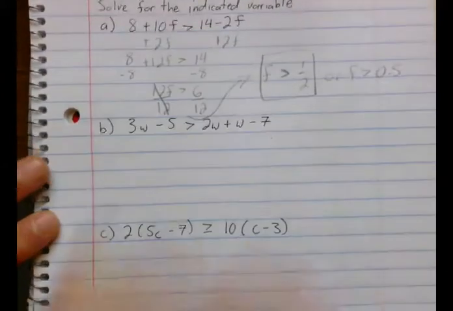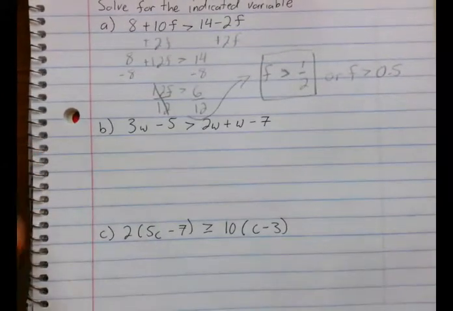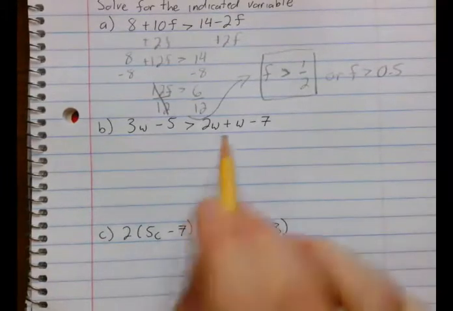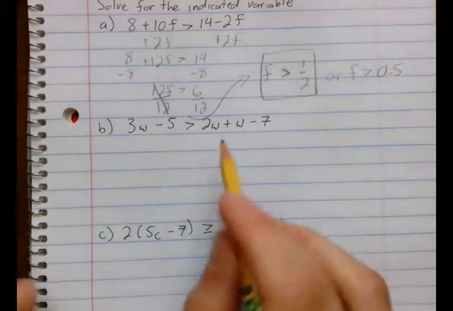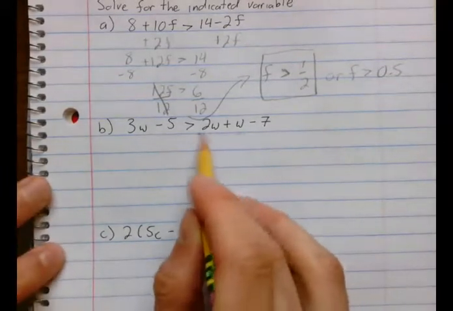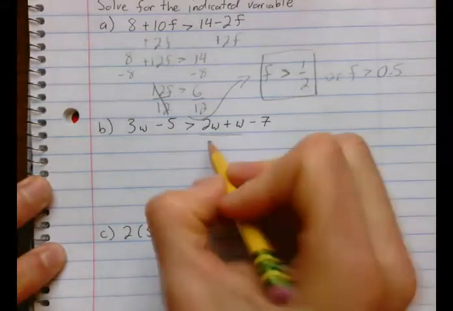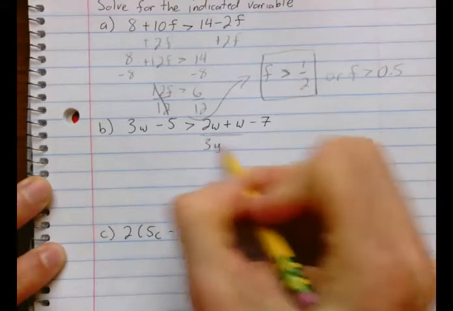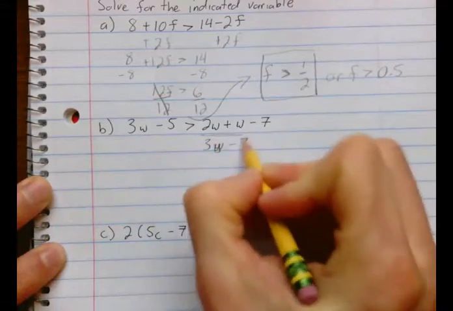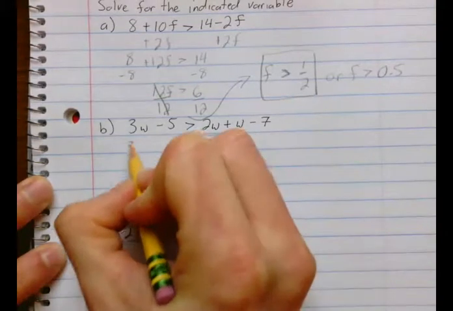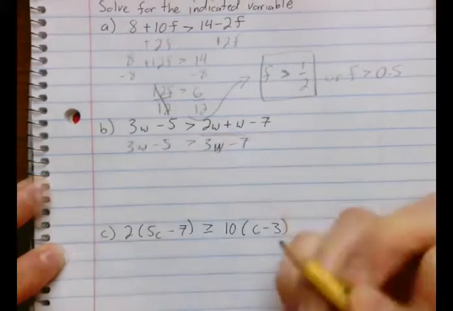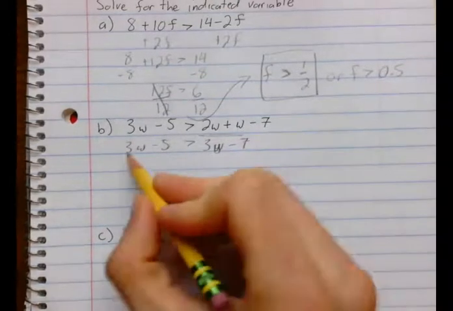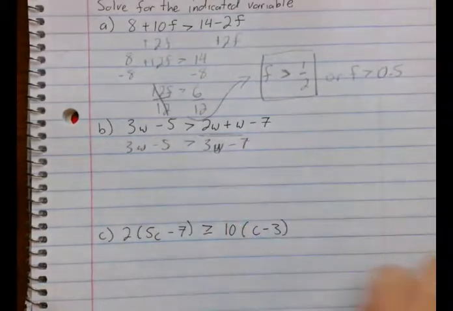For part B, we're working with w's. We have w's in multiple locations, so the first thing I'm going to do is combine them together on this side. We're going to put 2w plus 1w, and that's going to be 3w. Minus 7 is less than 3w minus 5. Now, because these are the exact same size, it doesn't matter which one I move.